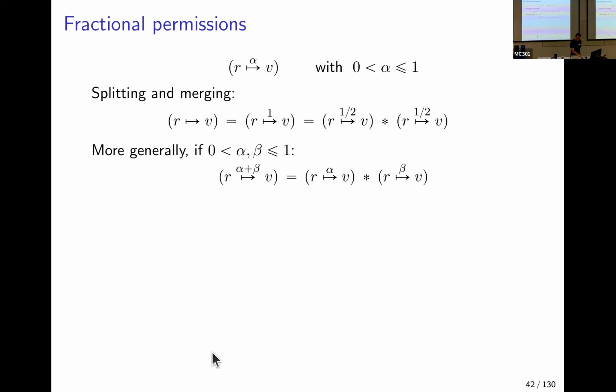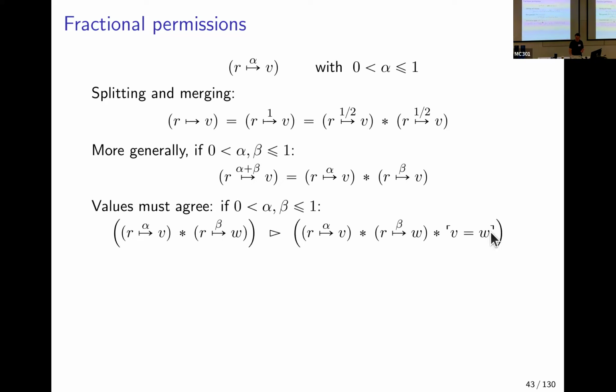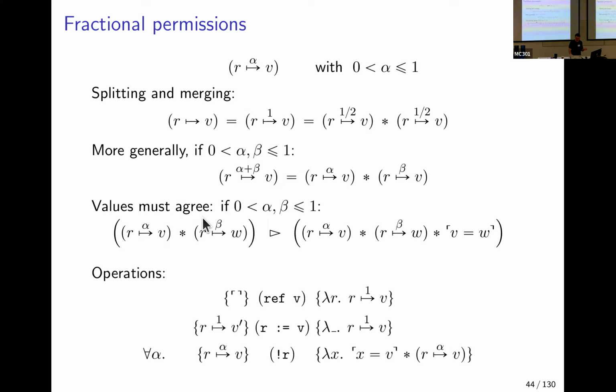What is very useful also is fractional permissions. Instead of having r points to v, you have r points to v with some fraction alpha. You can split the fraction. By default you have 1, but you can split it into two halves. In general, if you have alpha plus beta, you can split them as well. What is useful, of course, is that when you have two fractions at the same location, you know that those values must be the same. This is the agree rule.